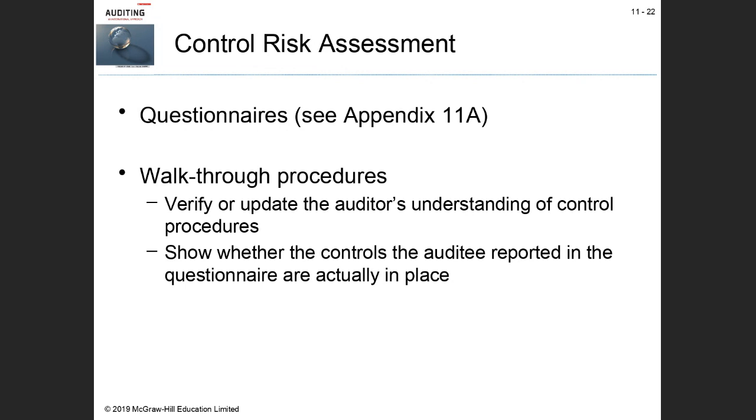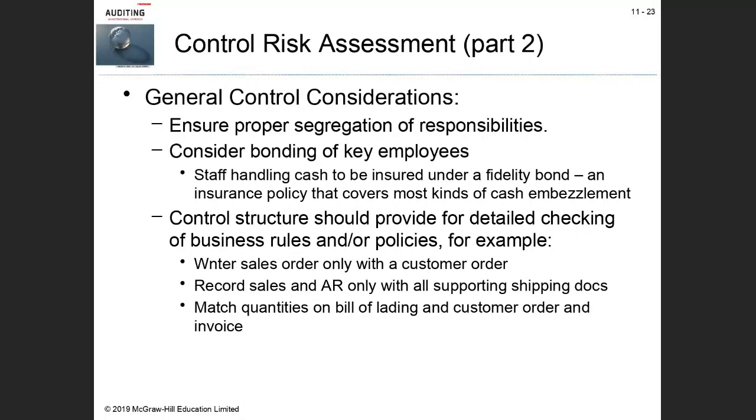The auditors do a walkthrough of those flowcharts, which confirms that the procedures are actually taking place in the cycle. The flowchart indicates where the internal controls exist in the system. So the auditors do a significant amount of work around internal control assessment, with the desire to reduce the substantive procedures as much as possible in a particular set of circumstances.